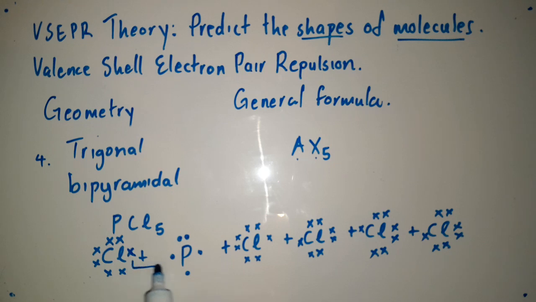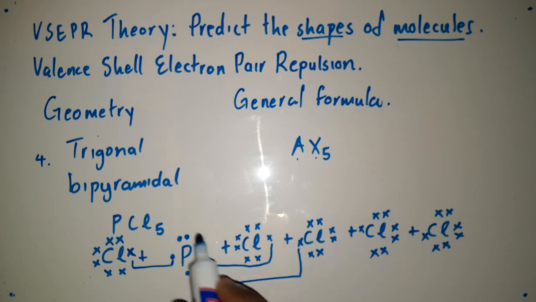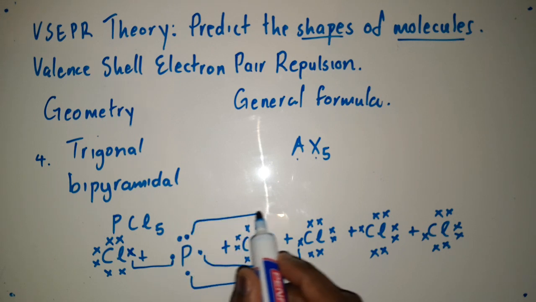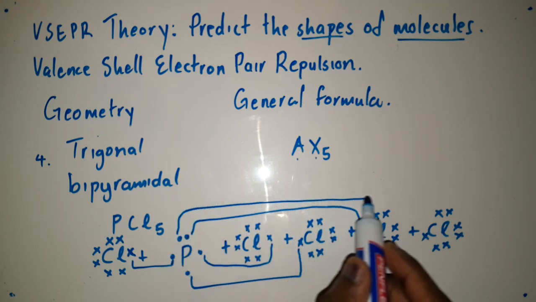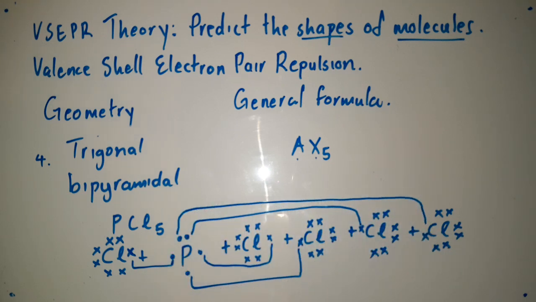This one electron is going to pair with this one of phosphorus. Same applies, this one is going to pair with this one. Here, this one is going to pair with this. And also this one again is going to pair with that one. You see, phosphorus has an ability to use all of its valence electrons in order to form some bonds.